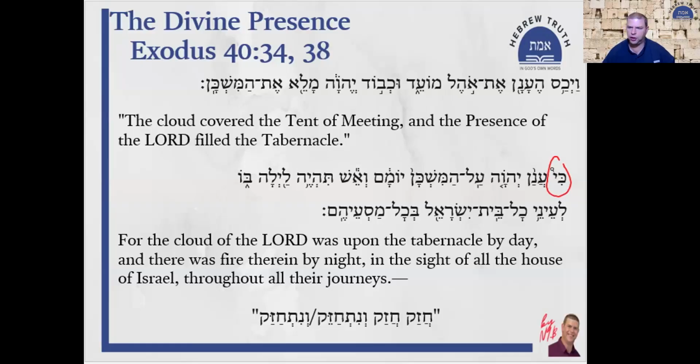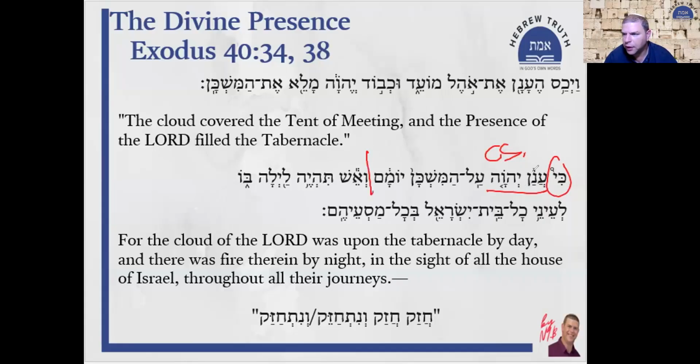Here, it's a conjunction that connects to what we've seen before, a causal conjunction: because. Then Anan Adonai, a construct chain. We've talked about construct chains before. Anan is in the construct form. The word Anan, when it is not constructed, has a different vowel pointing. Anan Adonai al hamishkan yomam.